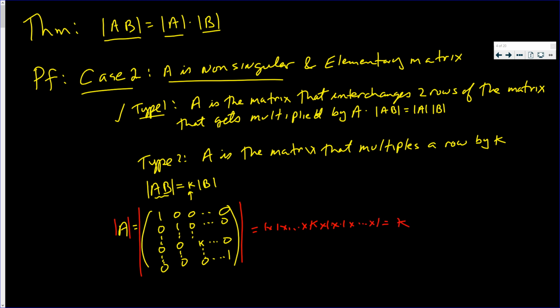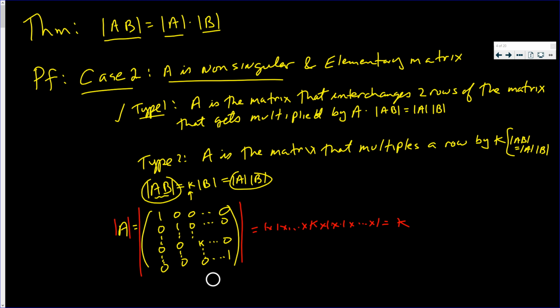It's K. So, another way of writing K is the determinant of A times the determinant of B. But that's what I wanted to show. So, the determinant of AB is the determinant of A times the determinant of B.